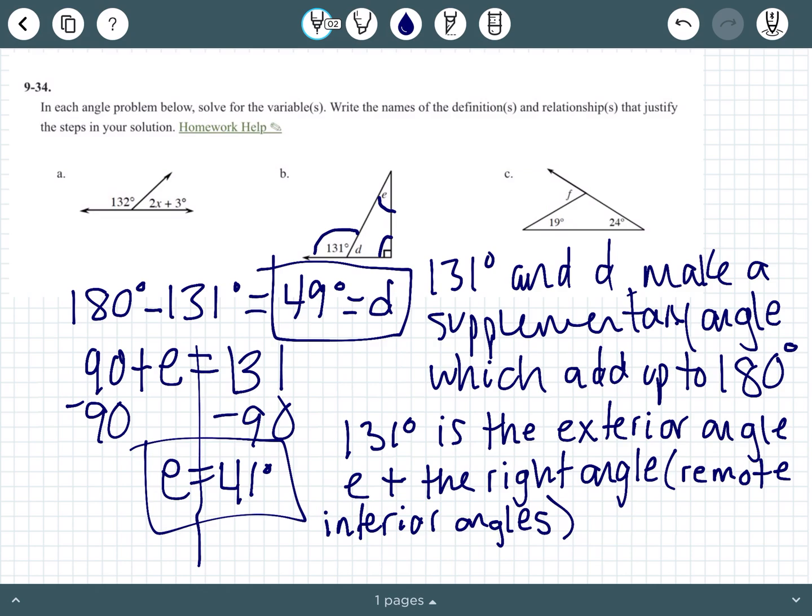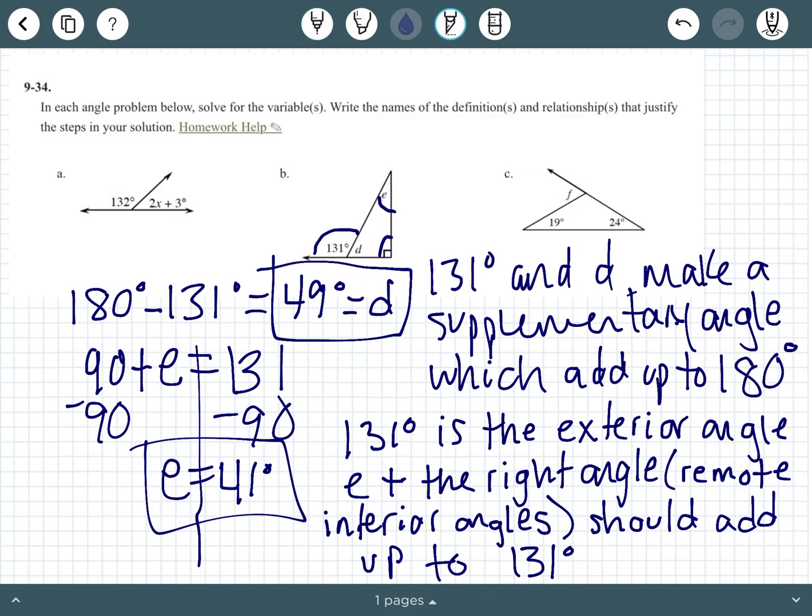These two remote interior angles should add up to 131 degrees. All right, and that is all for part B.